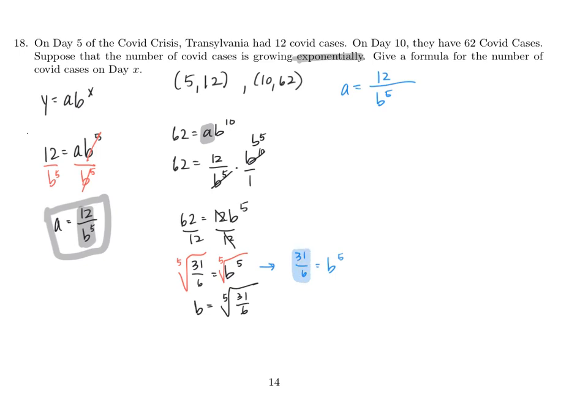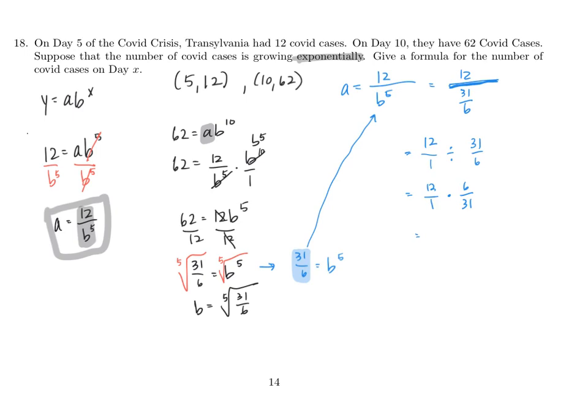That means I can plug 31 over 6 in for B to the 5th. That means I'll have 12 over 31 over 6. Okay, remember that a fraction bar is the same as a division sign. So this is the same as 12 divided by 31 over 6. You can change this to multiplication and flip it. So this would be 12 times 6 over 31. And so then you can multiply straight across. So all of this is equal to A.